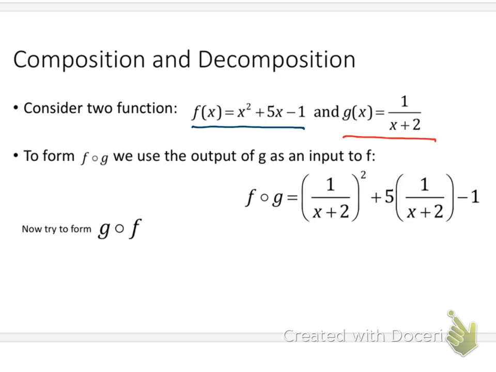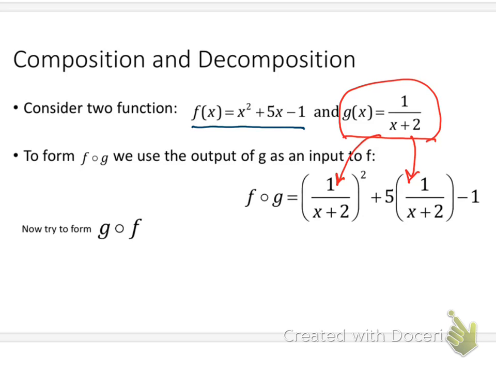So here's your input to your f. Your f initially was x squared. It becomes this input squared. Then I had plus 5x. Well, now it's plus 5 times this input, and then continue your function minus 1.